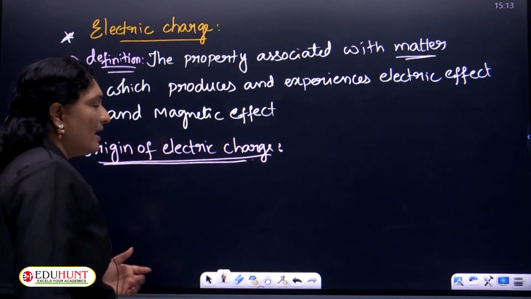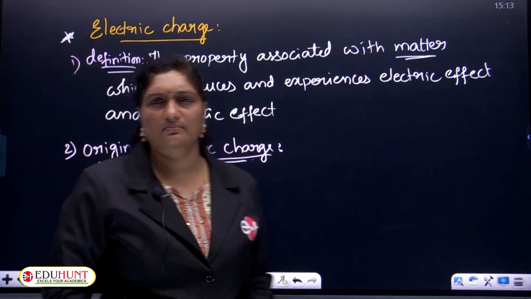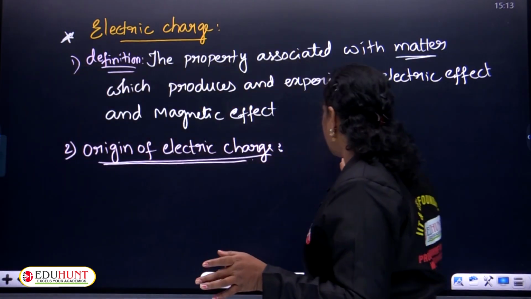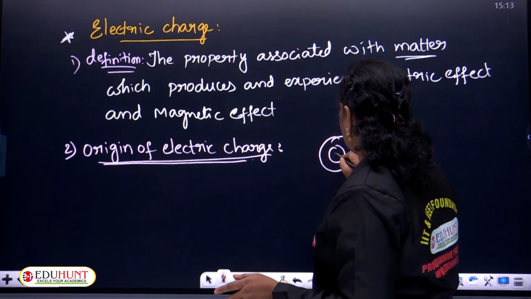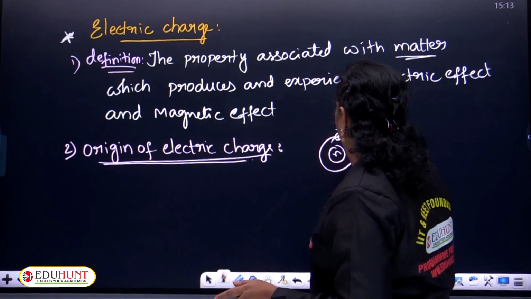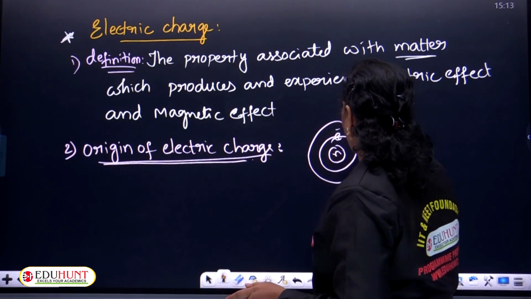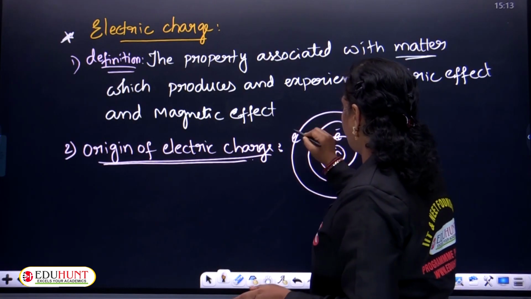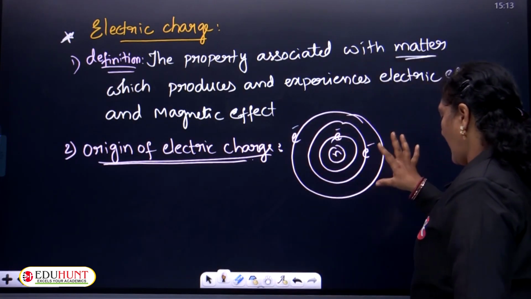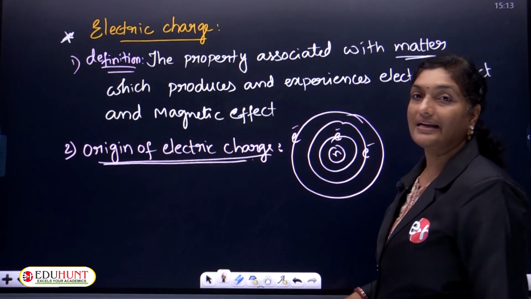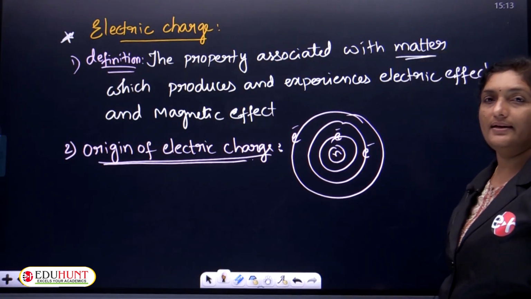We know that every atom is electrically neutral. So every atom, if you consider, okay, this is a nucleus and electrons will revolve around the nucleus, and we know this. So every atom is in general electrically neutral. What do you mean by electrically neutral?